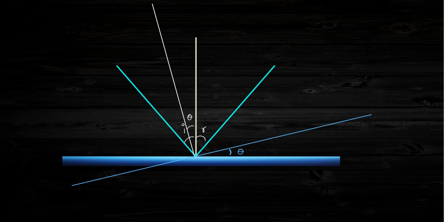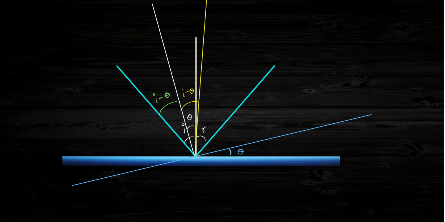Now we can see that the new angle of incidence is going to be I minus theta, and thus the new angle of reflection is also going to be I minus theta. So if I draw a reflected ray, it will go somewhat like this, and the angle of reflection is going to be equal to I minus theta as well.